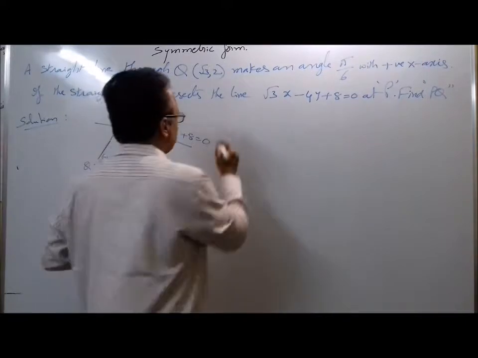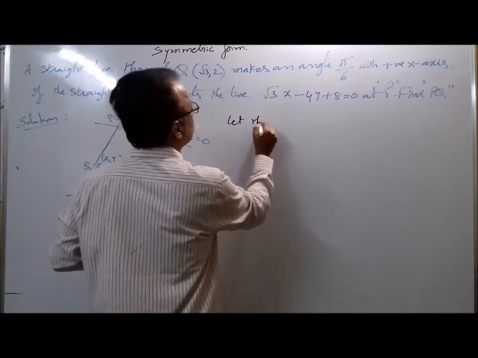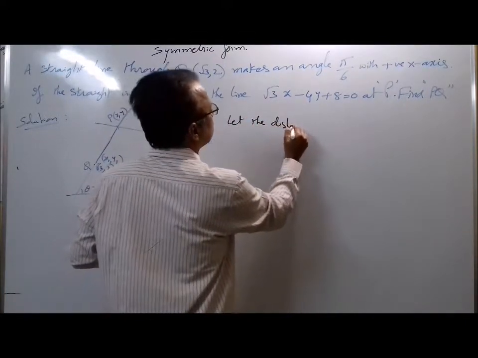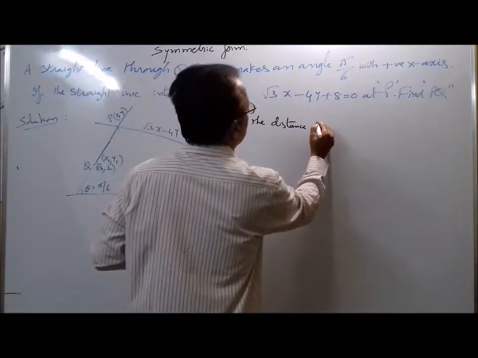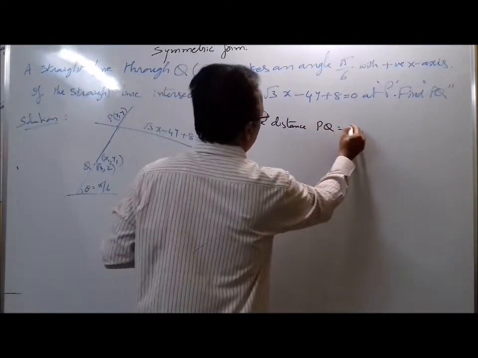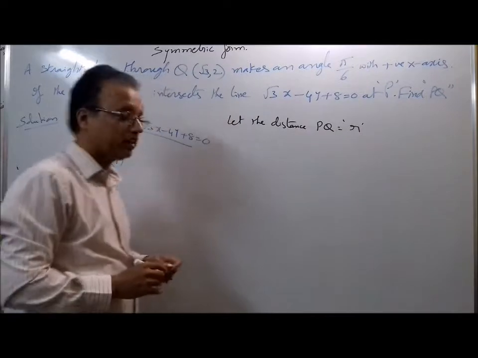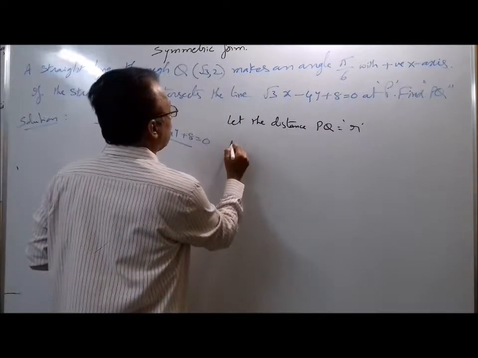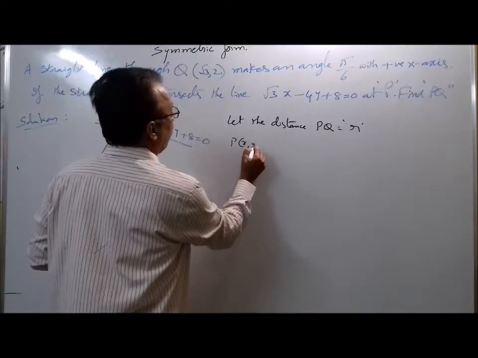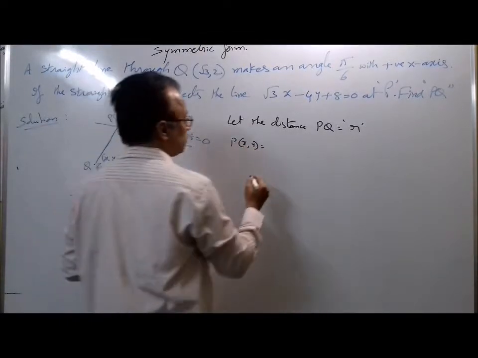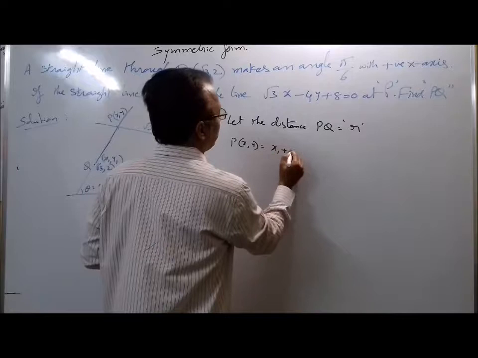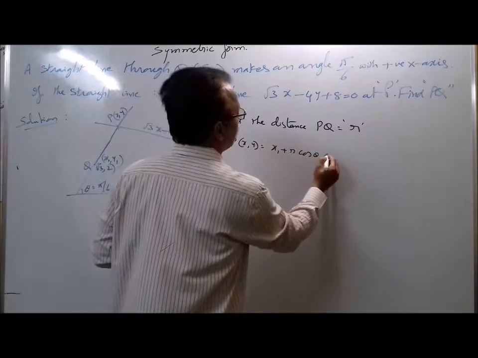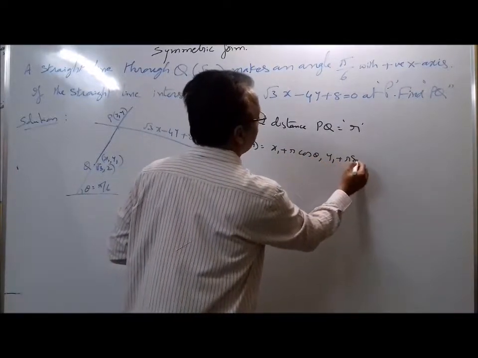Let the distance PQ be equal to R. So P, x comma y, is nothing but x1 plus r cos theta, y1 plus r sin theta.